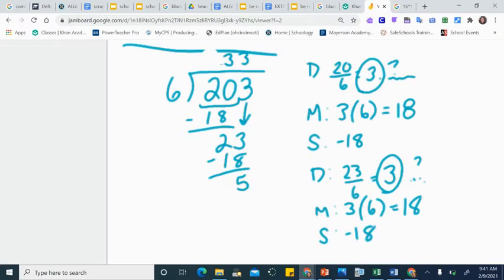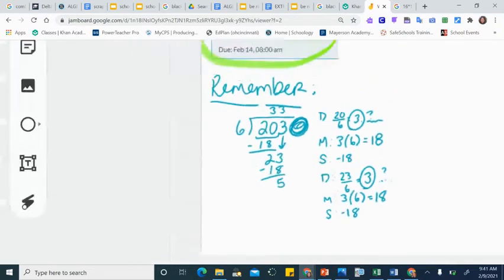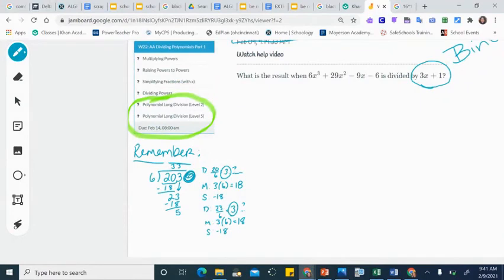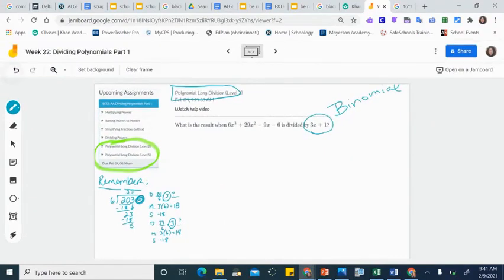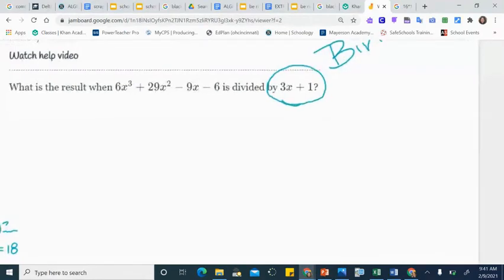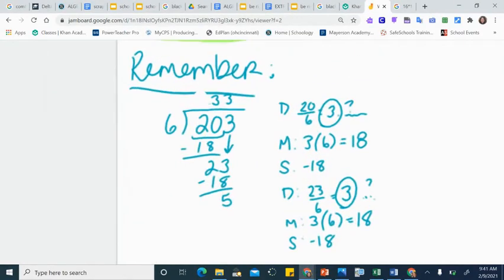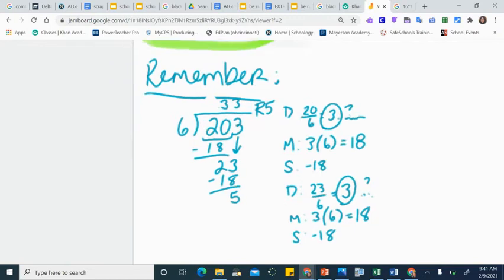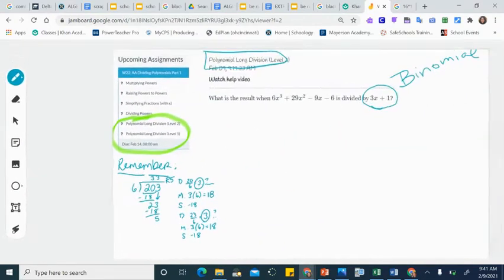Now what do we do with that 5? Since there's nothing else to drop down on the right side, we have a few different options on how to write our final answer. One way, you could literally write R as in remainder and then 5. We've done that way back in the day in elementary school.